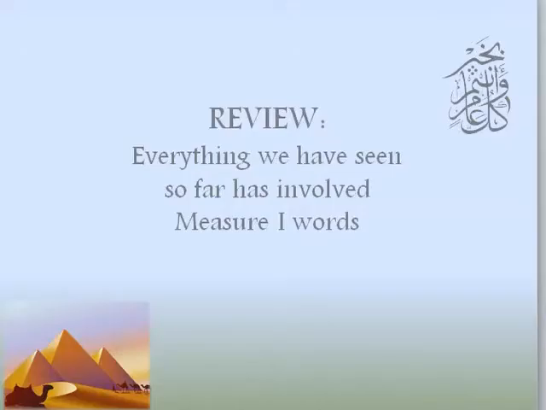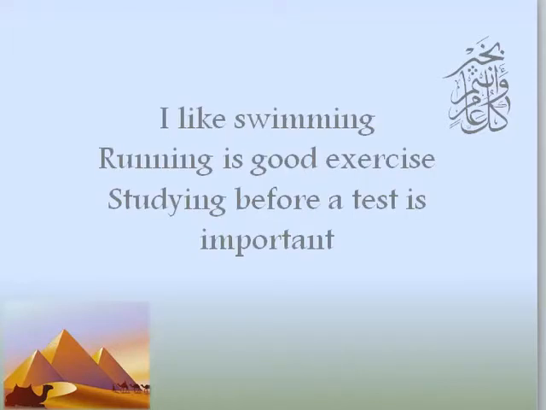Everything you have seen so far in this unit has involved what we call measure 1 words, which doesn't mean a whole lot to you because you haven't seen any other measures. So here are some examples of what would be measure 1 Masdars. Notice I'm going to highlight all of these.